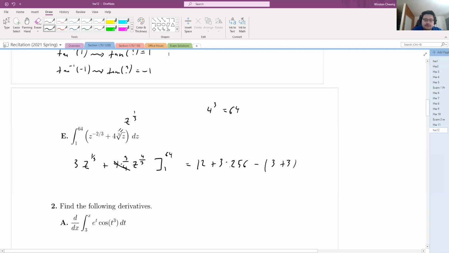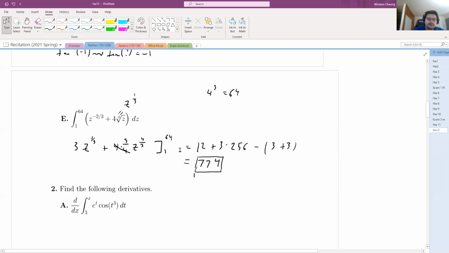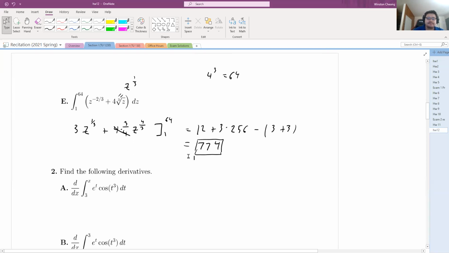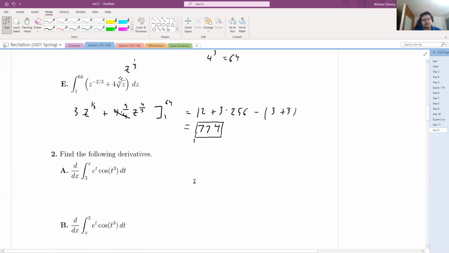Yeah. Okay, great. And well, there's a bit of arithmetic to that. I'm just going to skip the arithmetic and write down the answer. Okay, so that's how you deal with these definite integrals using FTC part 2.